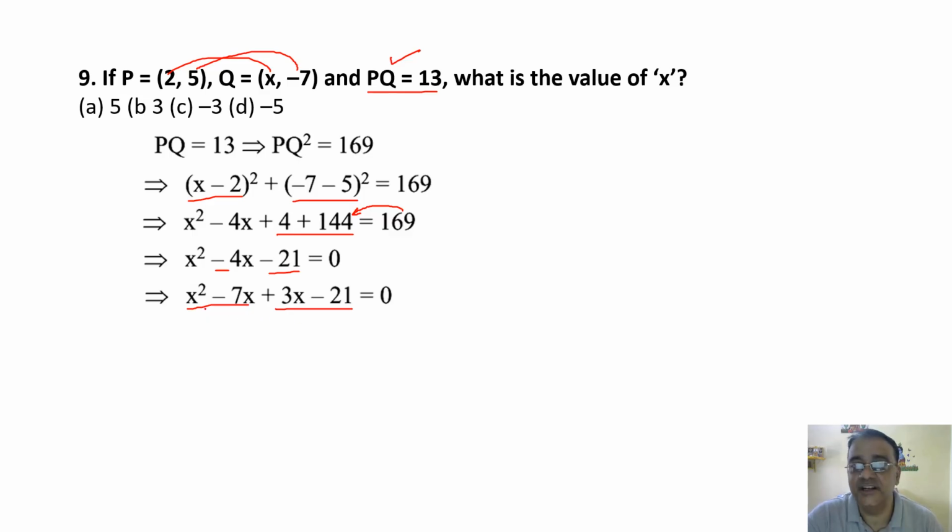So x into (x minus 7) plus 3 into (x minus 7). So we'll get two factors, (x minus 7) into (x plus 3). तो यहाँ पे हम लोग को दो वैल्यूज मिल रहा है x का, 7 और -3. अब क्योंकि ऑप्शन में केवल -3 है, 7 नहीं है, इसलिए द करेक्ट ऑप्शन इज C.